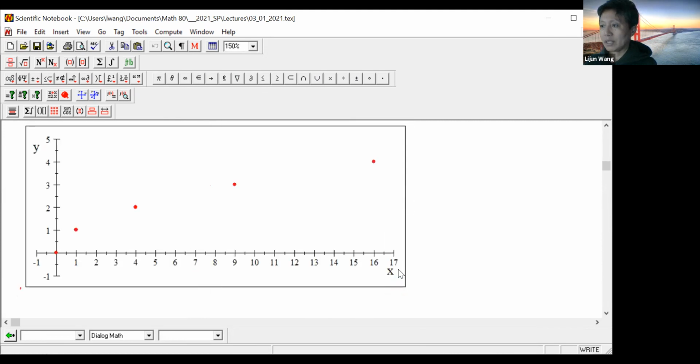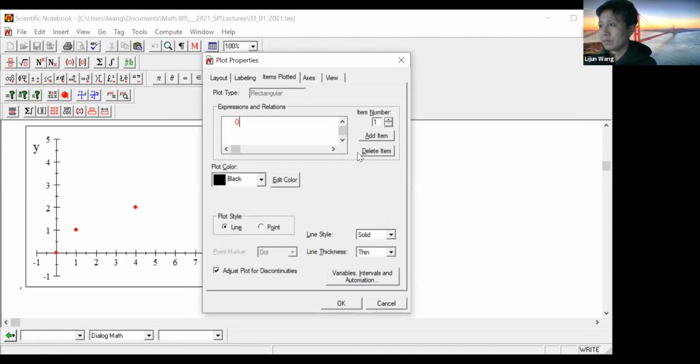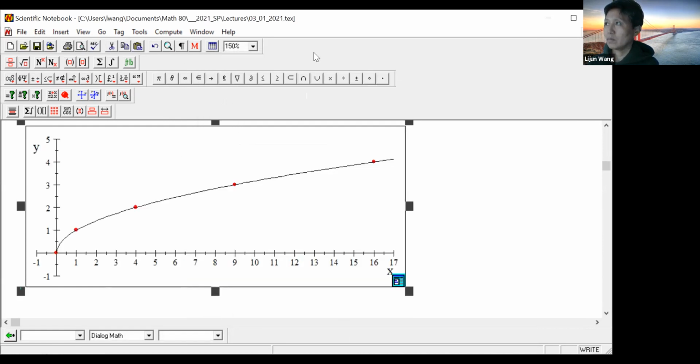Now what happens if we connect the dots? And we mark the points.